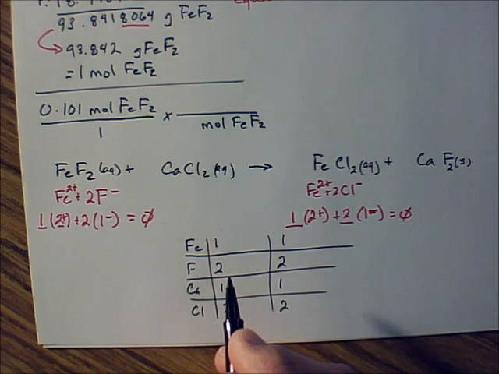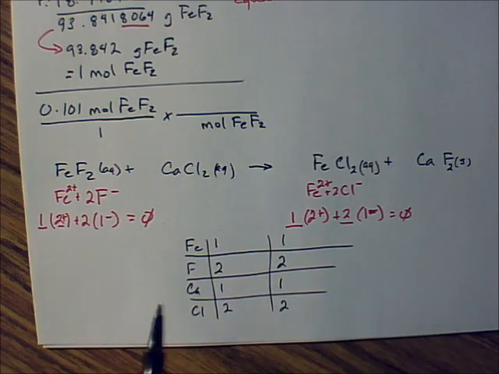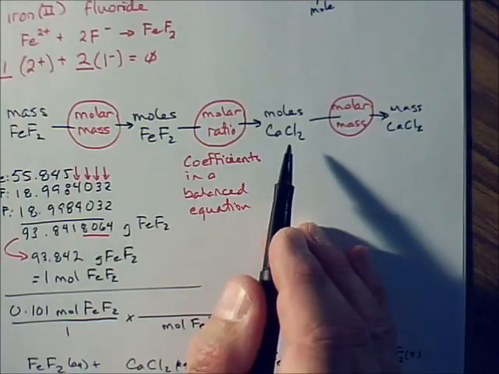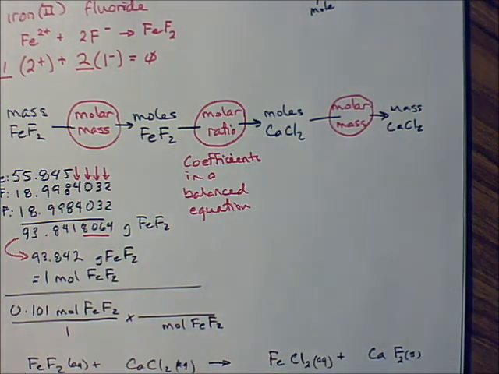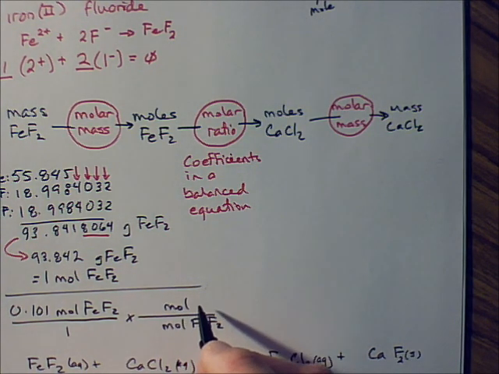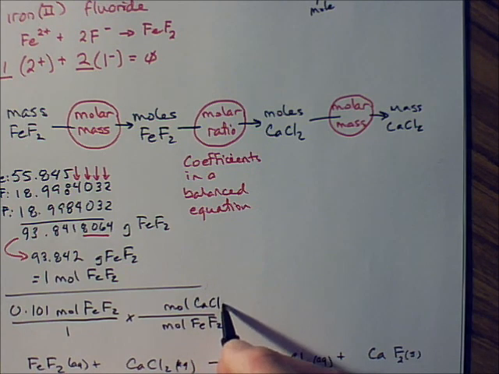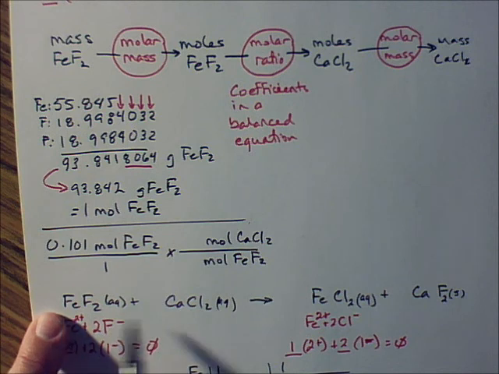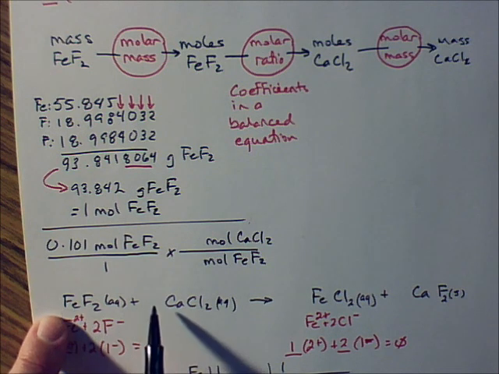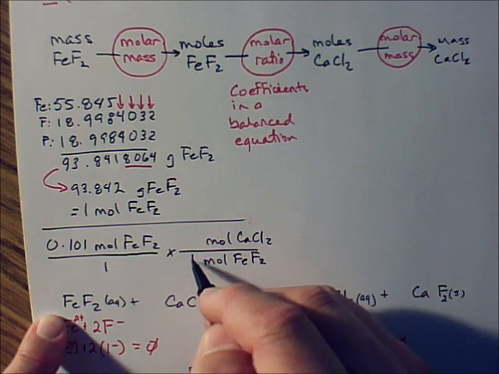The problem is asking us to find the amount of calcium chloride, so I need to have the moles of calcium chloride on the top, because that's what I'm trying to find here. In this balanced equation, there's a 1 to 1 ratio. So our molar ratio is going to be 1 to 1.